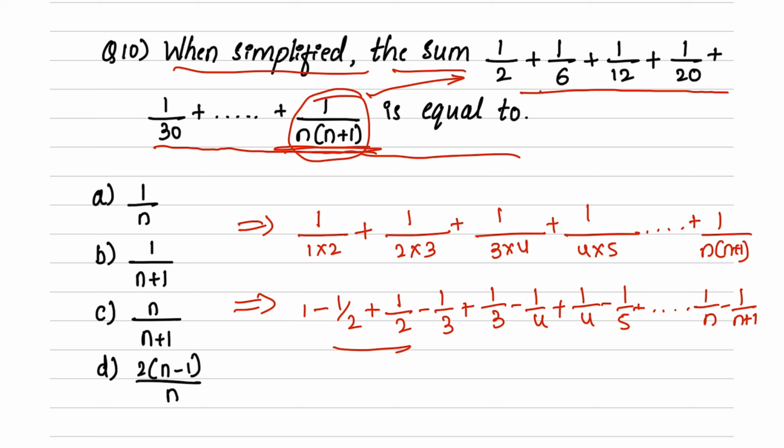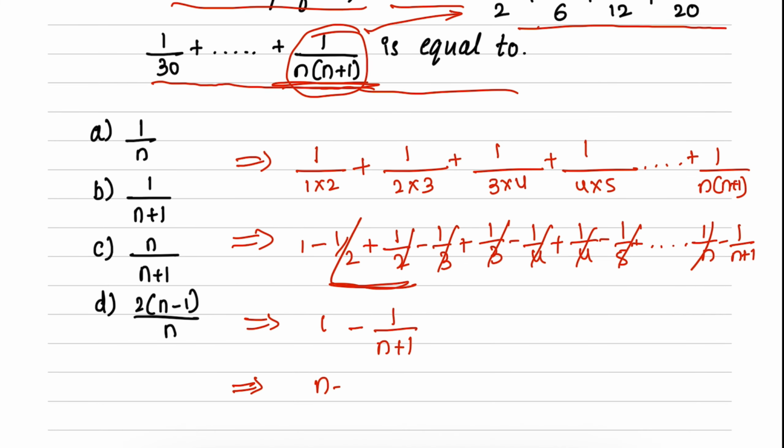Now you can cancel these positive and negative terms. You will be left with 1 minus 1 by n plus 1. So take the LCM, n plus 1 minus 1 by n plus 1, minus 1 plus 1 cancel, n by n plus 1. So option C is the right answer.